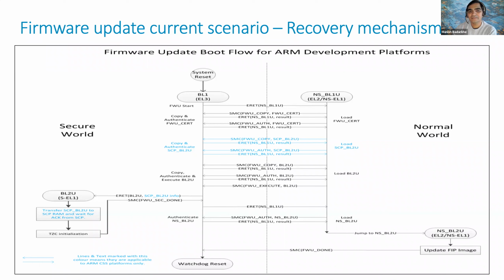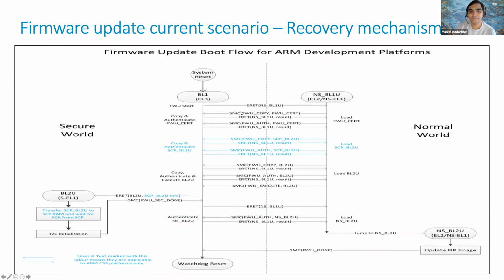We have a test case in the TFA test to corrupt the TOC header and then corrupt the BL2 image. That gets detected in the BL1, the first component running from the immutable memory. Once that gets detected, we start the firmware update flow.